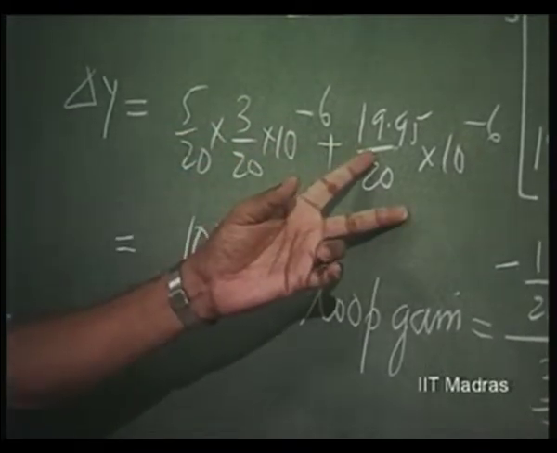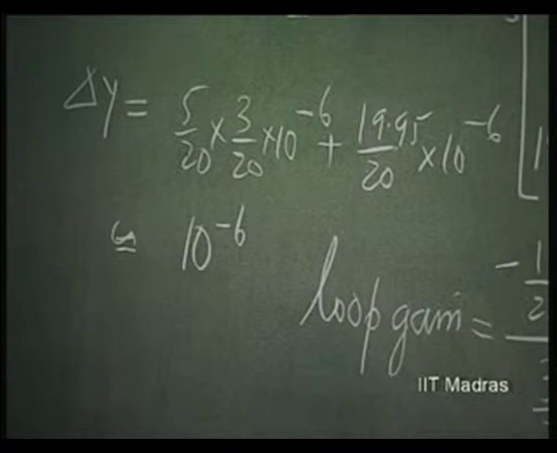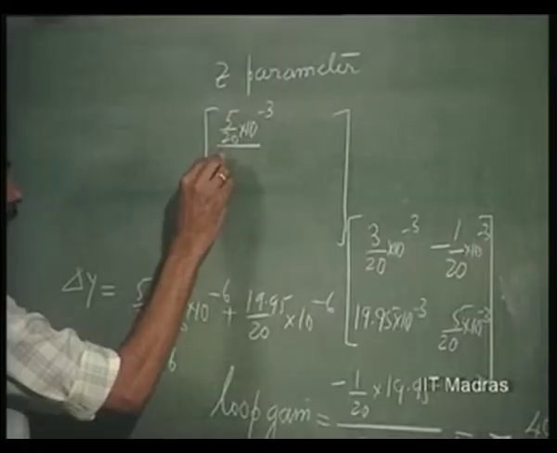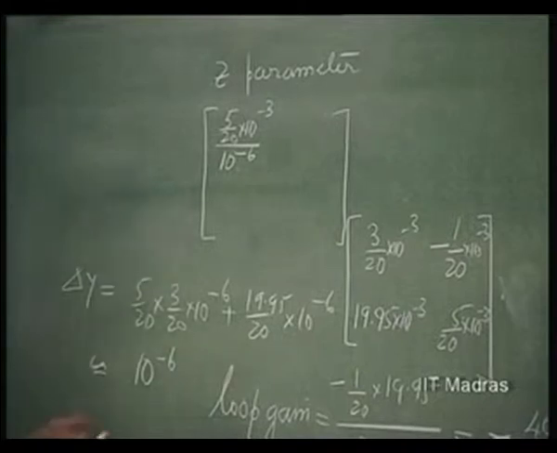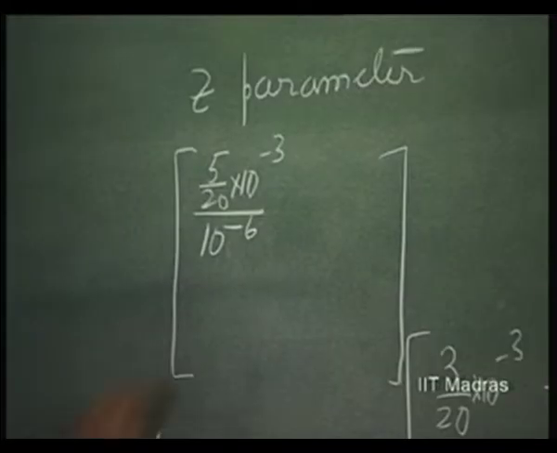So, delta y is very nearly equal to 10 to the power minus 6. So, dividing by 10 to the power minus 6 now, is it clear?